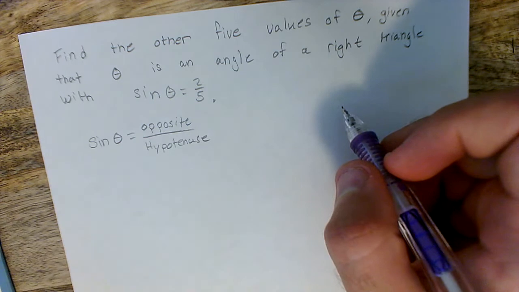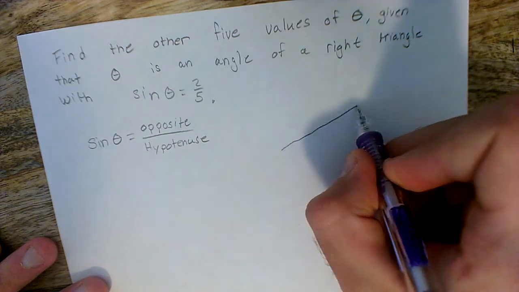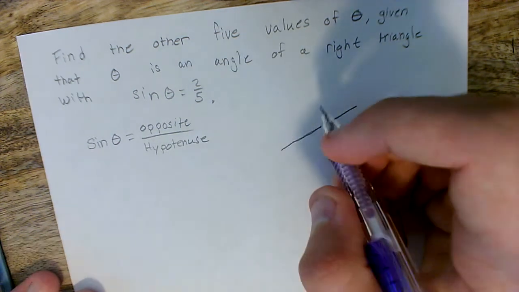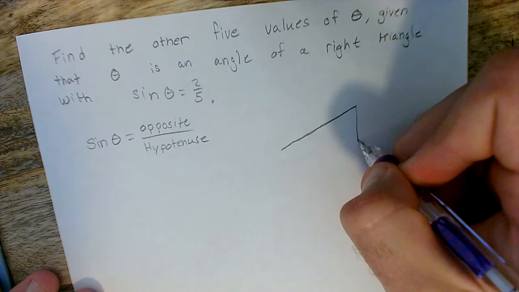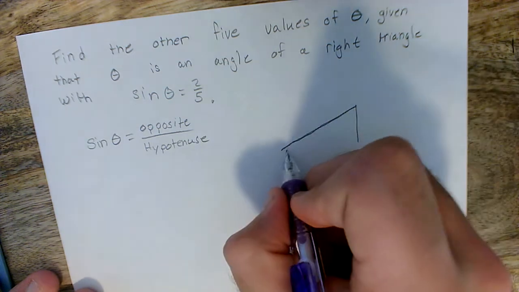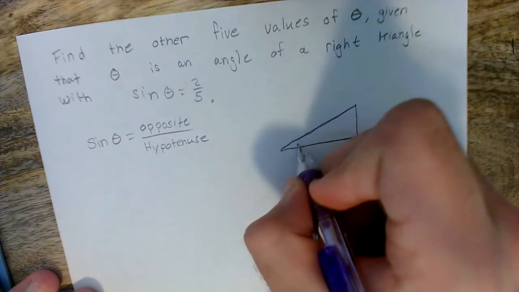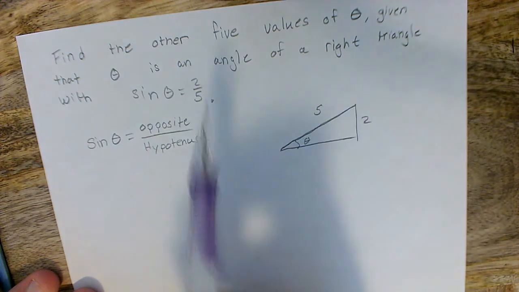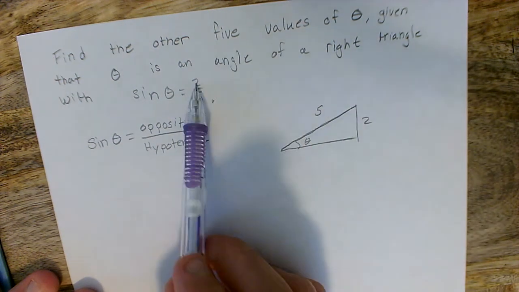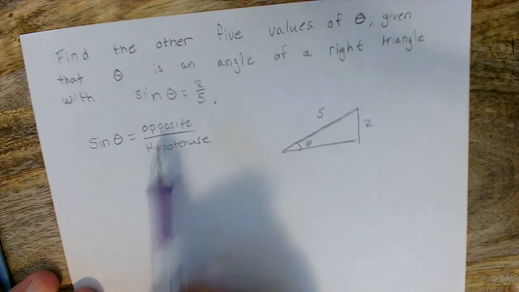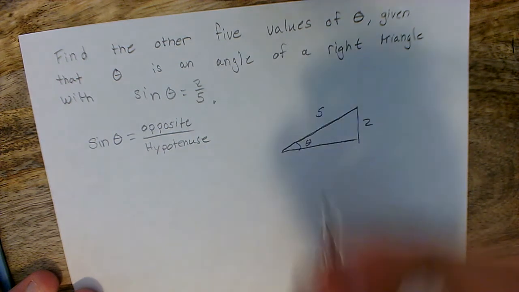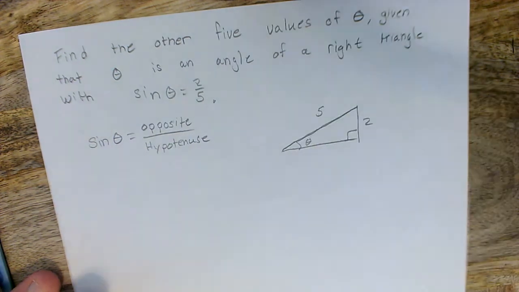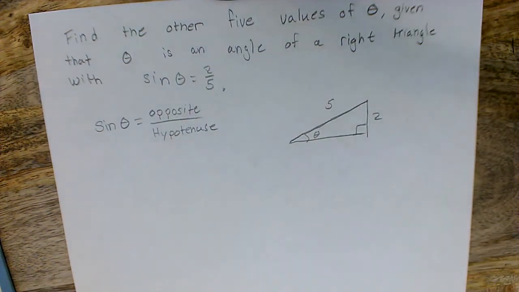We know that the hypotenuse is 5 units long, and the side opposite, if I put the theta down in this corner, is 2. So opposite is 2, and hypotenuse is 5. That's a rough sketch of the triangle we're working with.